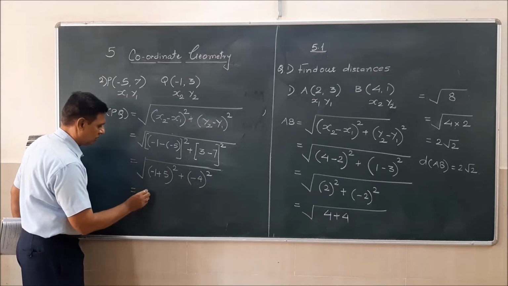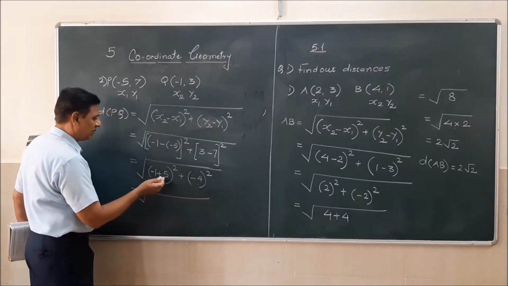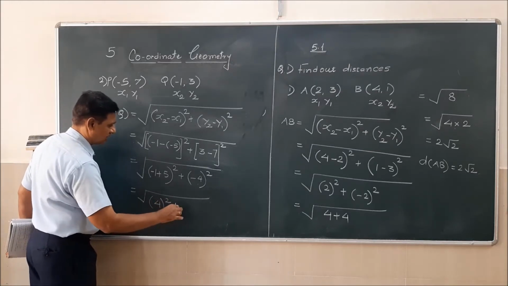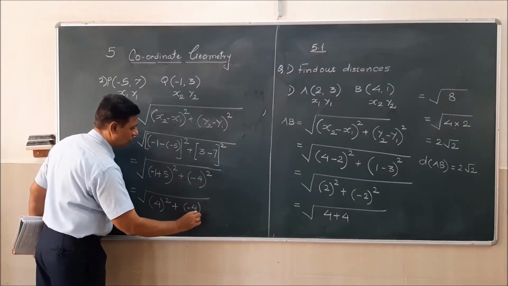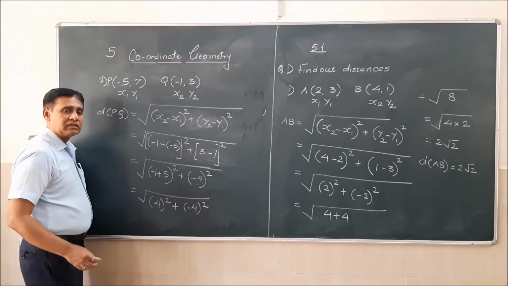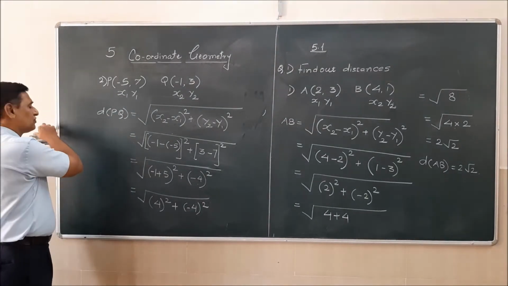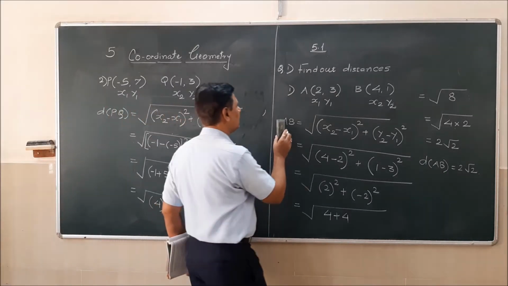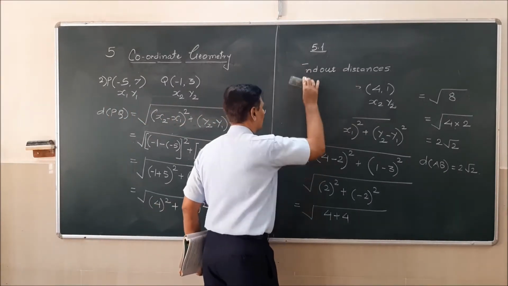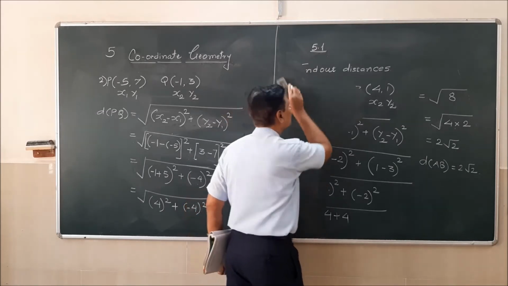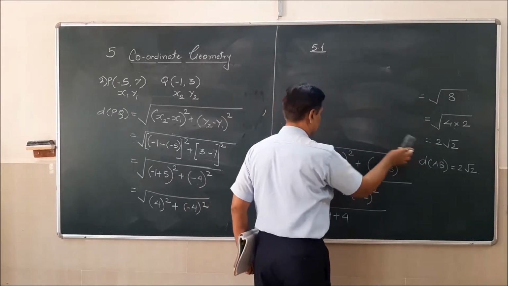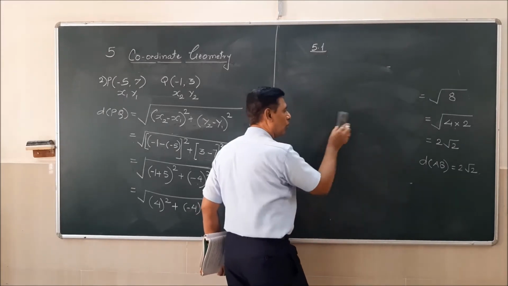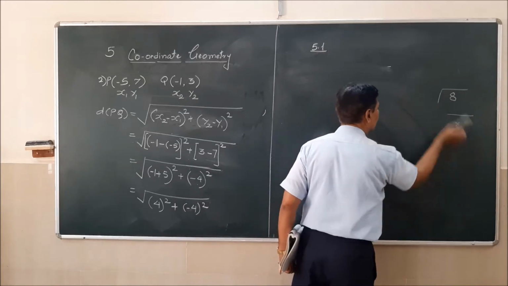That will give you 5 minus 1, which is 4, plus minus 4 the whole square. That will give us 4 square as 16, and minus 4 square as plus 16. You have to be very careful when the second coordinate, especially either x1 or y1, is negative.